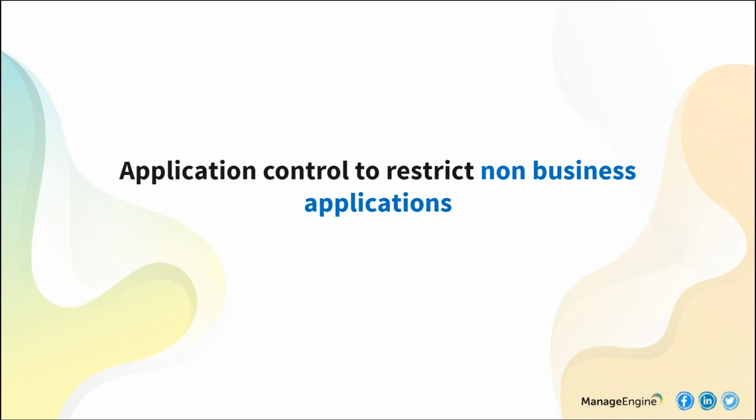If you uninstall them automatically, the users will be notified. And if the user insists on using the prohibited software, they can raise a request. Now, this request to use a blacklisted application can be either approved or denied by the IT administrator.